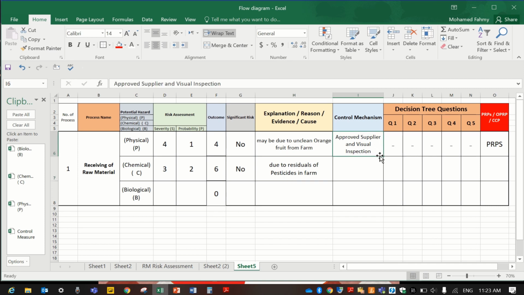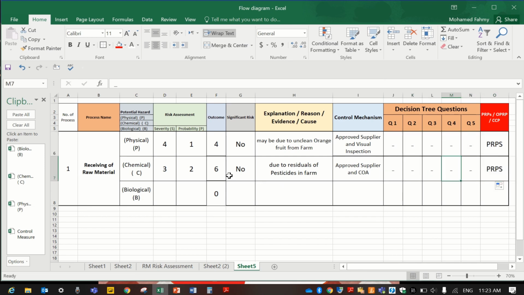Also here it will be from the approved supplier, but not visual inspection, because chemical hazard cannot be detected, or is hard to detect, visually. So the certificate of analysis is our control, and also this part is PRP.